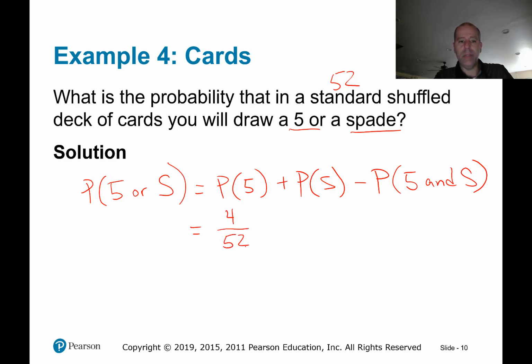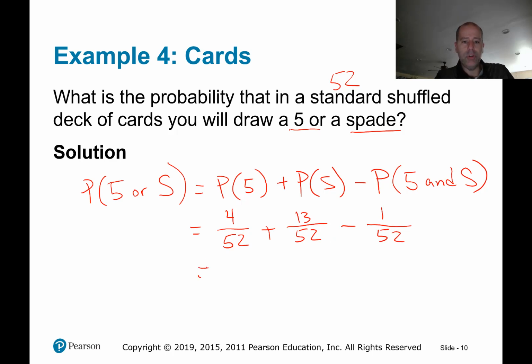So that's going to be the probability. Plus the probability of getting a spade. Well, in that case, there are 13 spades out of 52 cards. Minus the probability of getting a 5 and a spade. So there is a 5 of spades. So there's only one card that's both a 5 and a spade. And that is 1 out of 52.